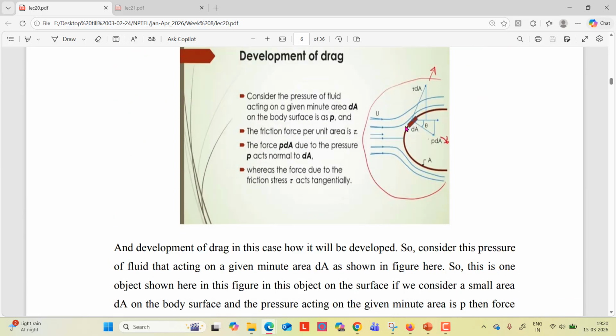Now, what will be the force along those? This is the area, right? dA is called the area, where the force is applying.